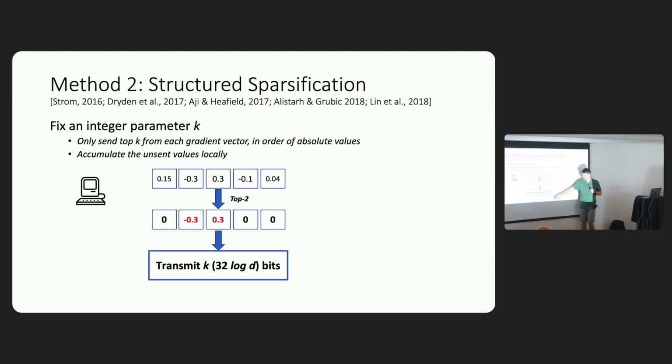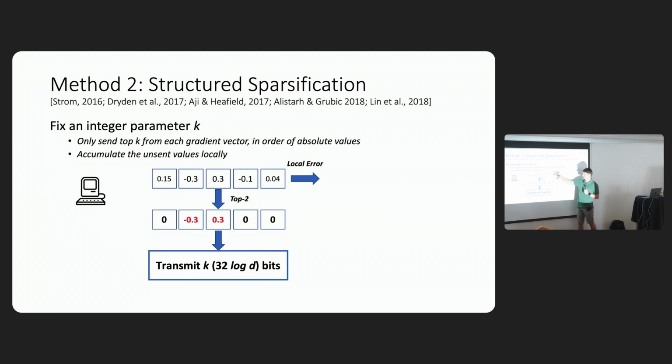Notice that for k entries, I need to send k times 32 times log d bits. Why do I have this log d here? Because you need to send the identity, the indices. Okay, very good.